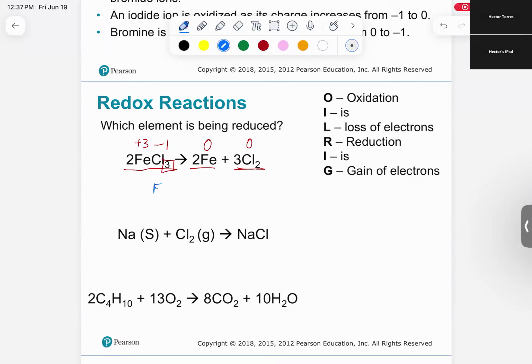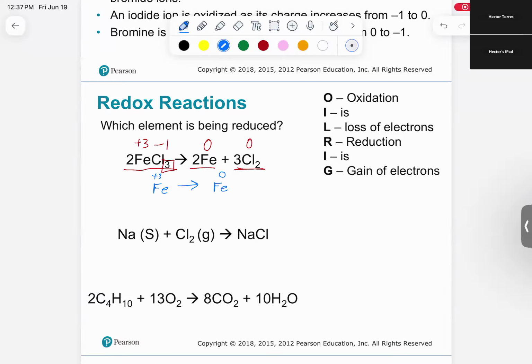So Fe on the reactant side was a +3, and now it goes to Fe0. I can see at the beginning it was +3, so it had fewer electrons, and now it's a 0 on the product side. So this one actually gained electrons.